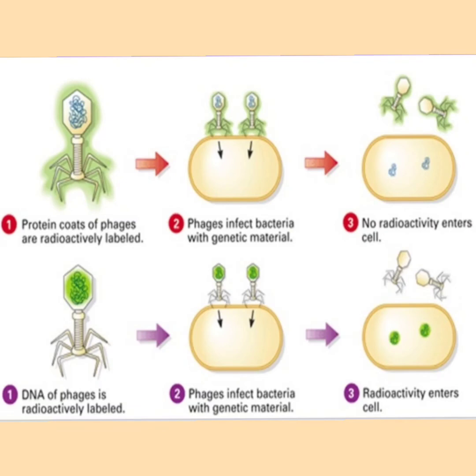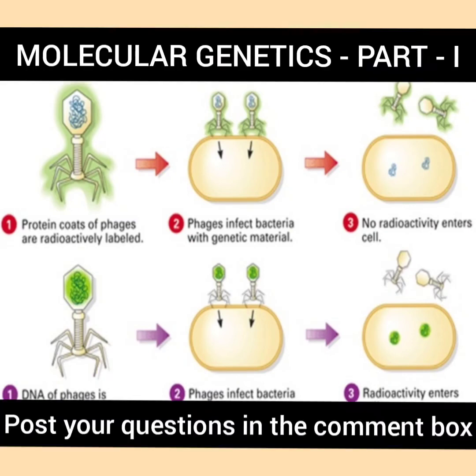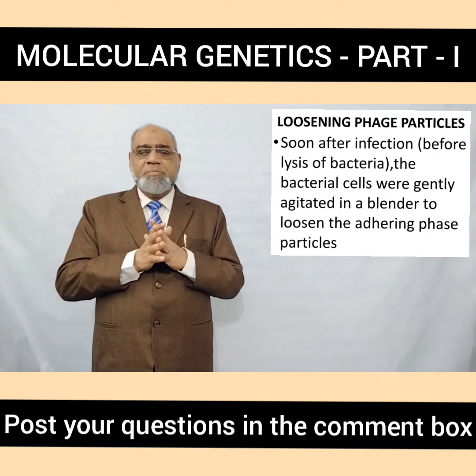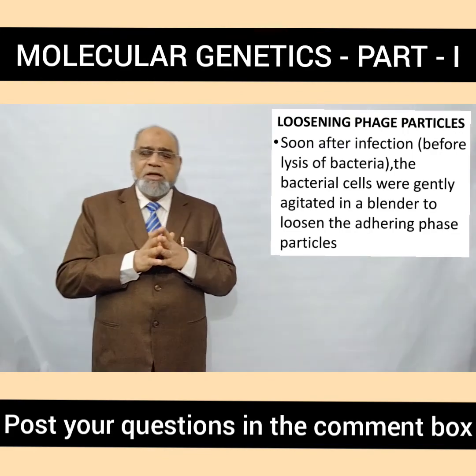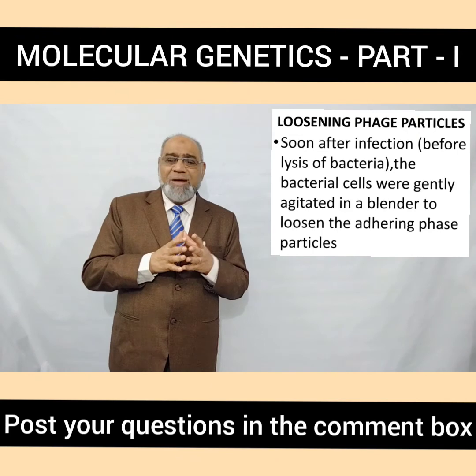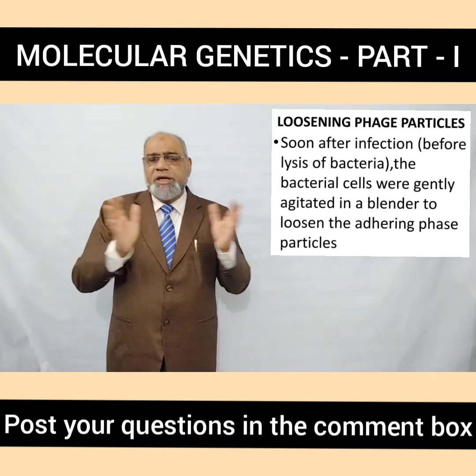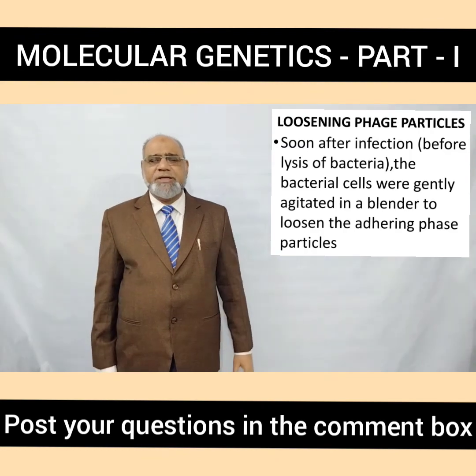Similarly, the DNA of the phages was radio-labeled with phosphorus, and these phages were allowed to infect the bacteria, and they found that the radioactivity entered into the cell. Later, after the infection, before the lysis of the bacteria, the bacterial cells were gently agitated in a blender to loosen the adhering phage particles.